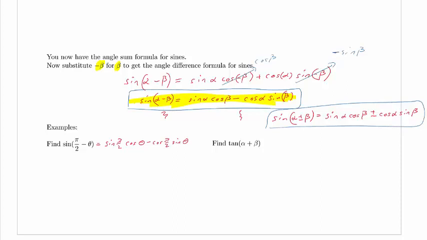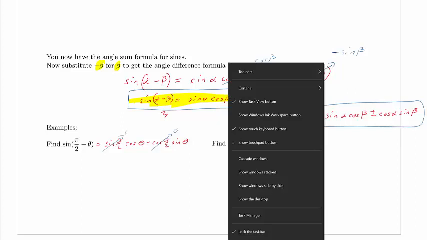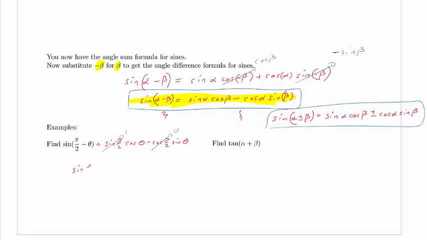All right, so what is sine of pi over 2? That's 1. And what is cosine of pi over 2? That's 0. So this whole thing becomes sine of pi over 2 minus theta equals cosine theta, right? So we went ahead and used the angle difference for sines to show this guy once again. All right.